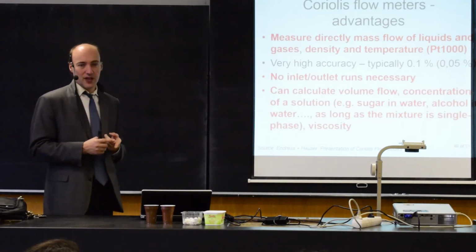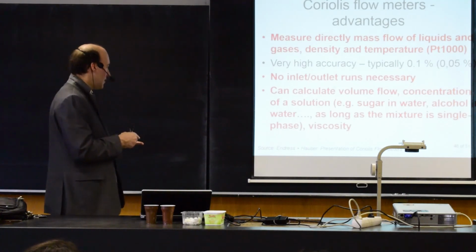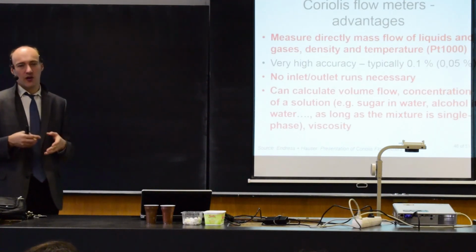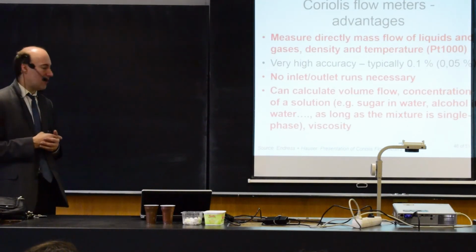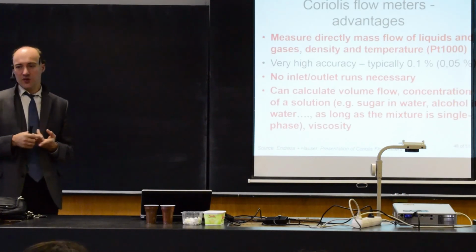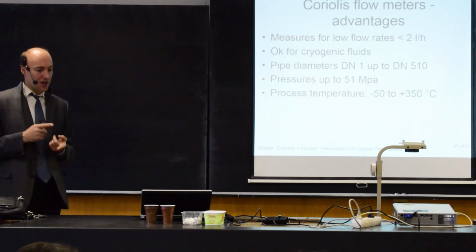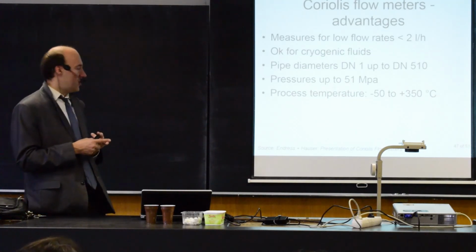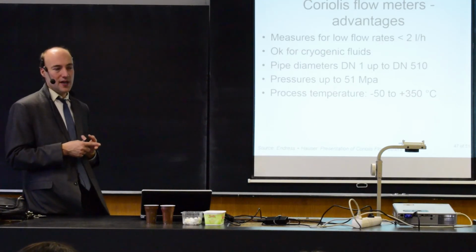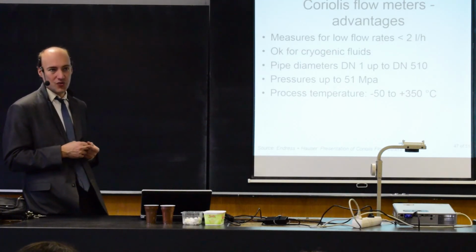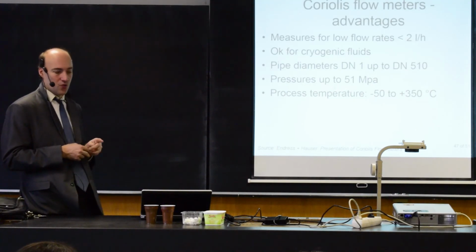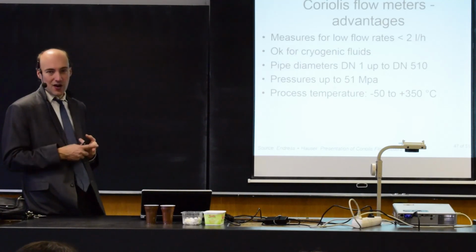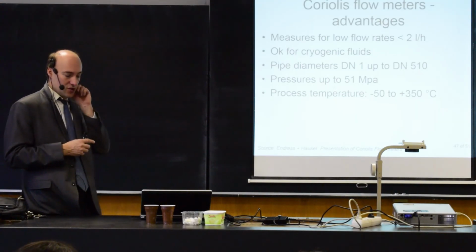It can calculate concentration, typically of a single phase liquid, like a mixture of sugar and water and alcohol, for example. It can also calculate viscosity. Other advantages are that it can be used to measure small flow rates, so under roughly 2 liters per hour. The 3 previous sensors were not able to do that. It is fine for cryogenic liquids, so very small temperatures.